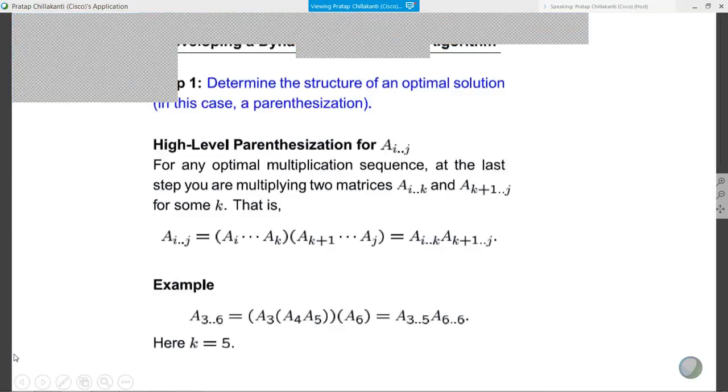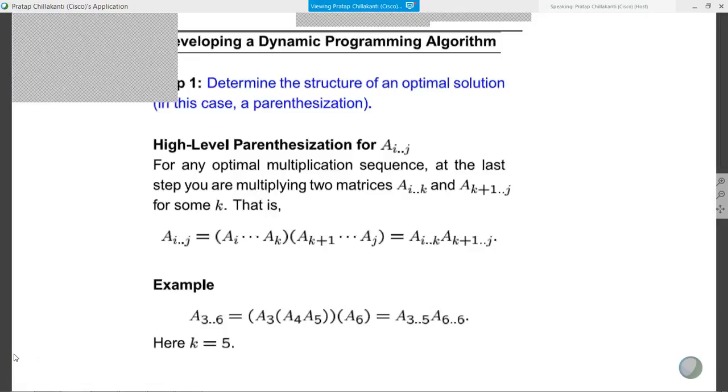What is showing here is with K equal to 5, meaning he broke it at 5. So if you see A3, A4, where the K value is 5, you have A3, A4, A5 in one parenthesis, and A6 would be separate by itself.